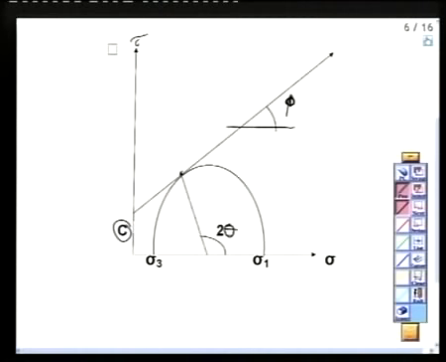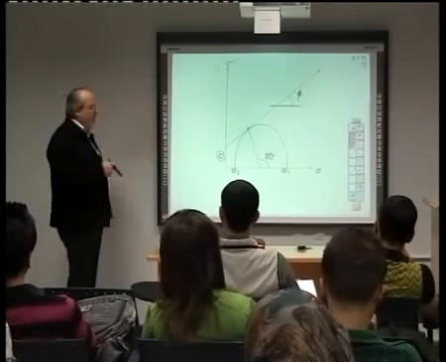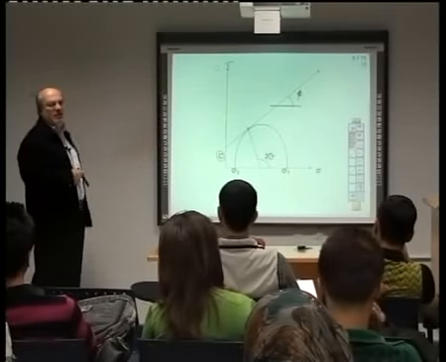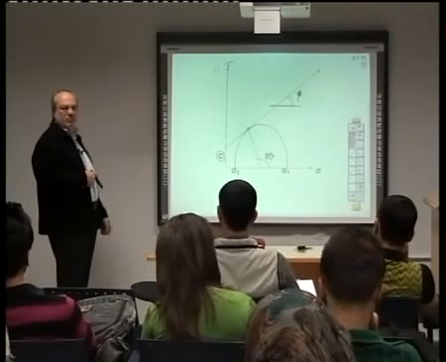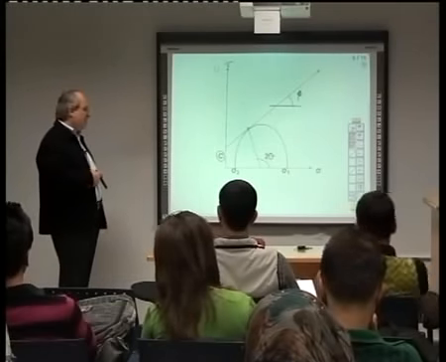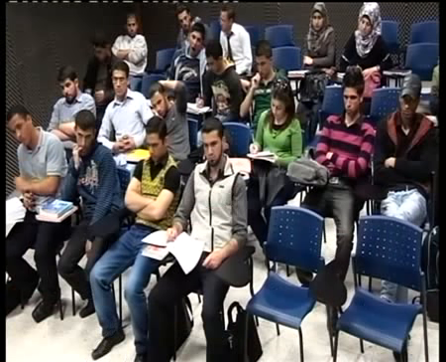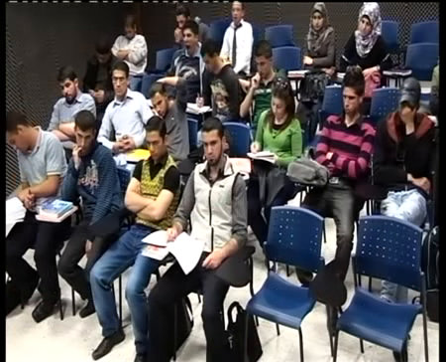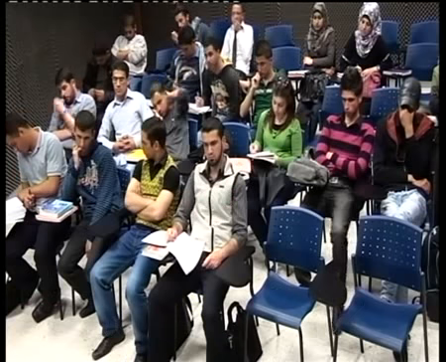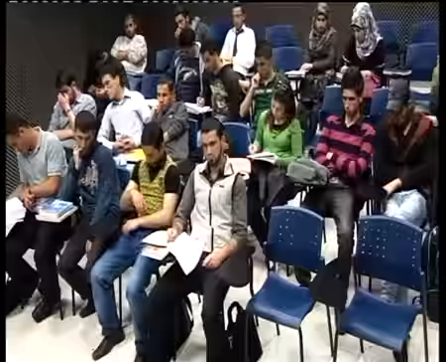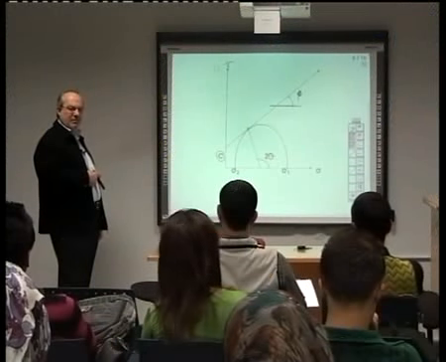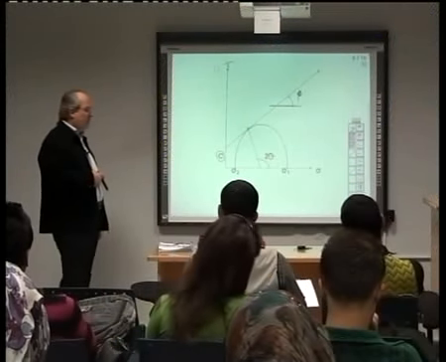Here's 2 theta. This is a description of the equation using the Mohr circle. So failure will take place at angle 2 theta.